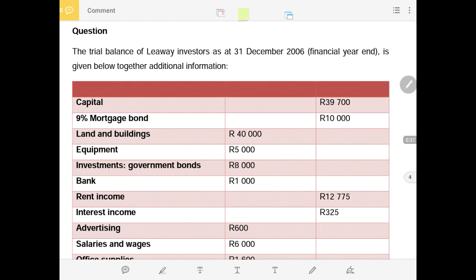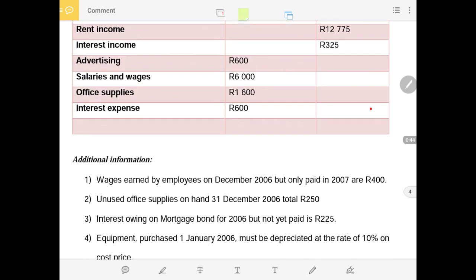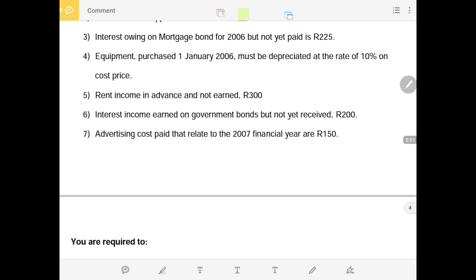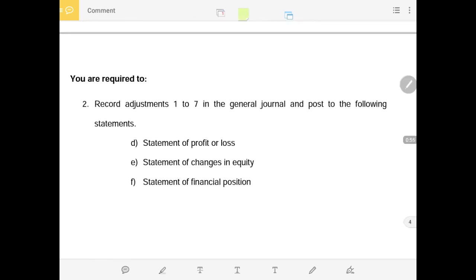We are given a trial balance which we will analyze after having read what we are required to do. I always recommend that students first read what is required when it comes to a big question like this one.